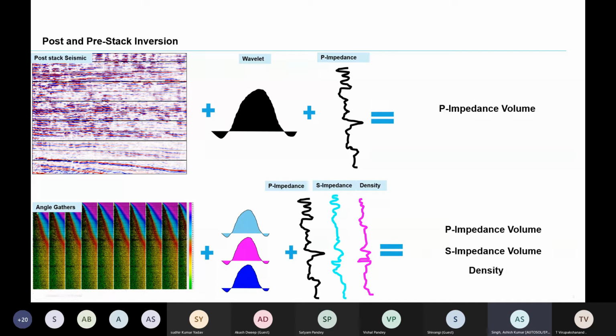Because in P impedance, zero offset data, you actually ignore the S impedance property. Basically you are ignoring the fluid property and lithology, because far angles give you the lithology and gas or hydrocarbon presence.